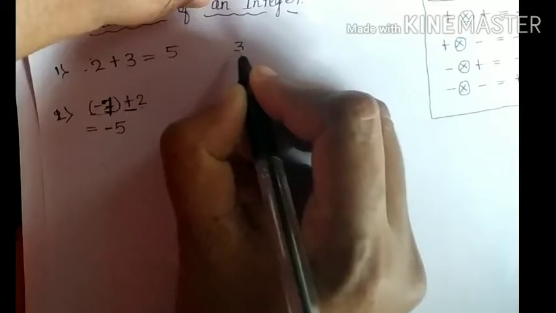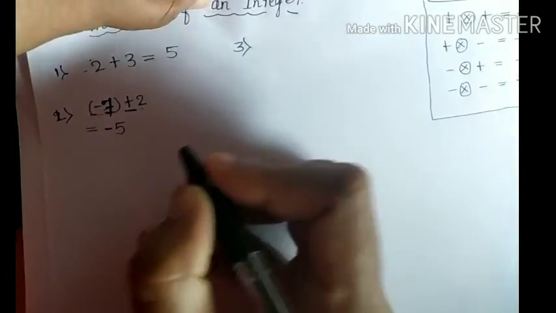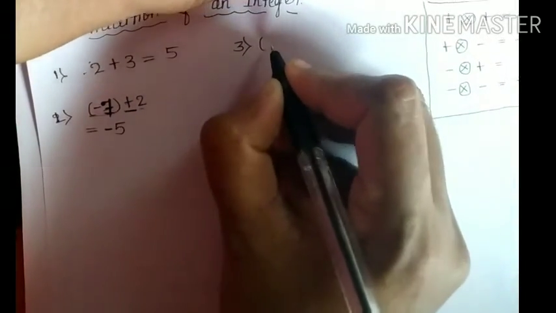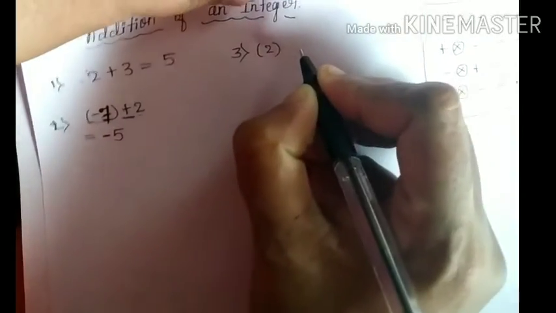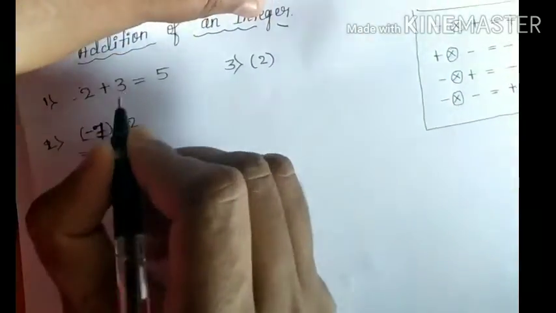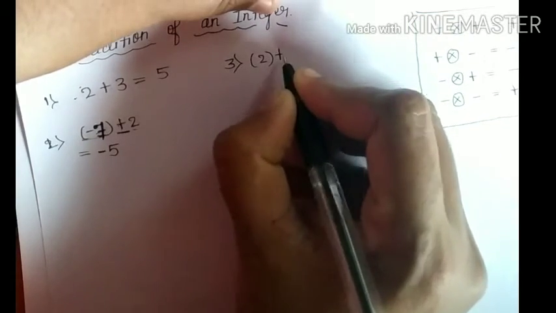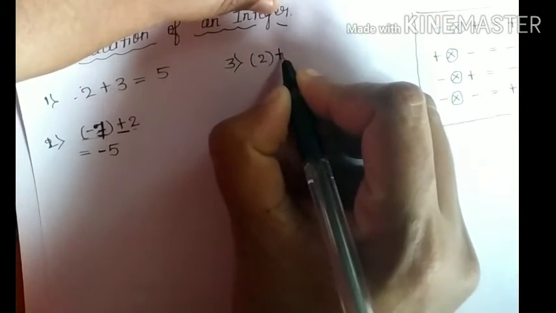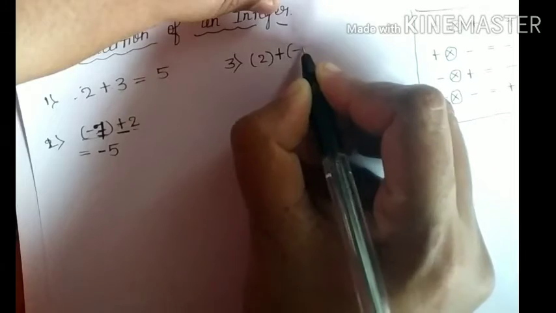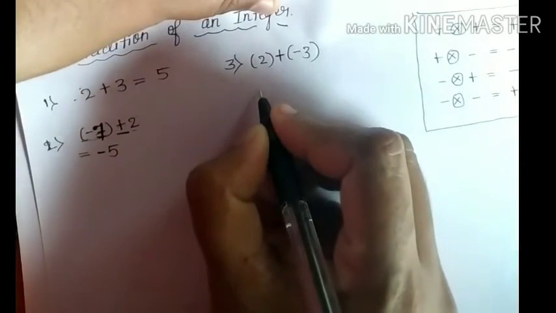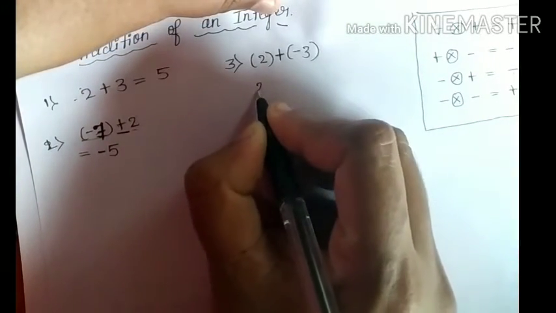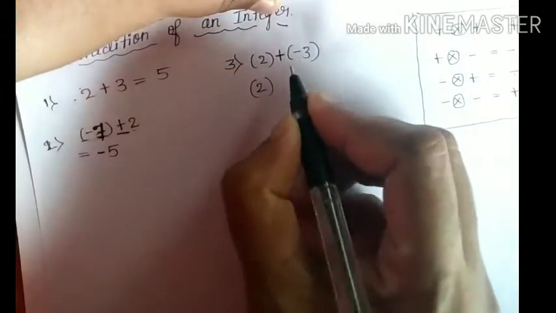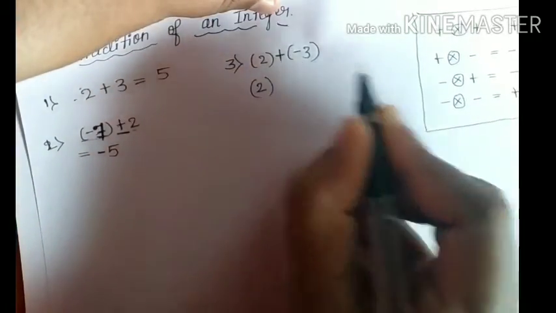Then third example, I will take one positive number and another negative number. Here we have to add these two numbers, right? So 2 plus of -3. I will write 2 as it is. Then plus minus is what?